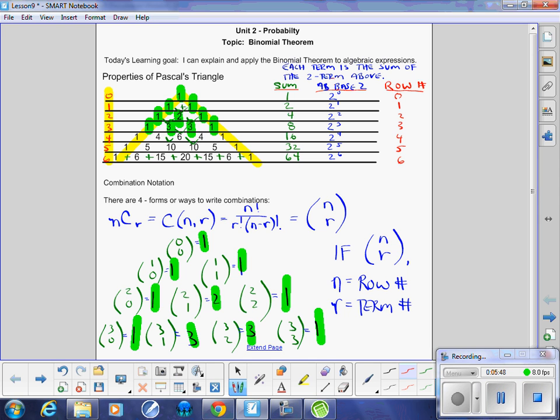So you can find the value of each term inside Pascal's triangle simply by using combinations, knowing that if you want the third term in row 5, it's just going to be 5 choose 3. All right? And it becomes very important when we talk about binomial expansion.